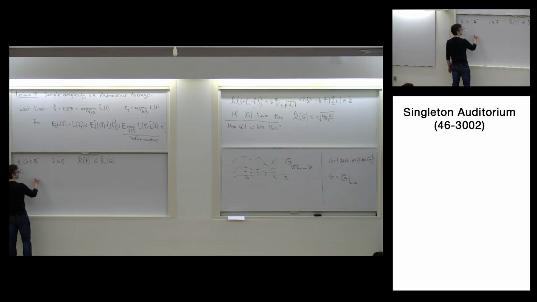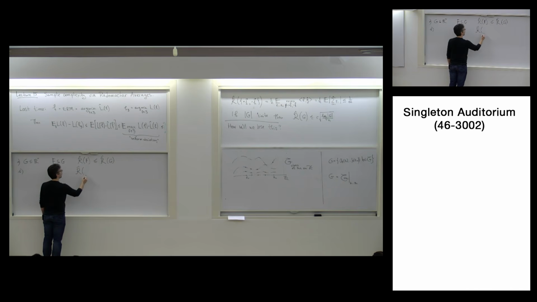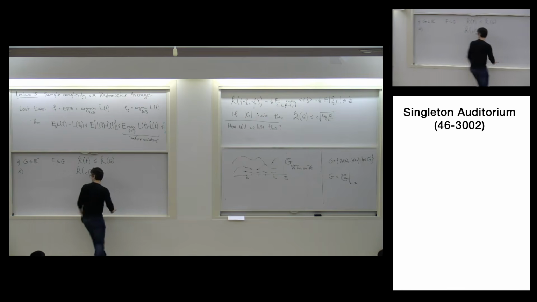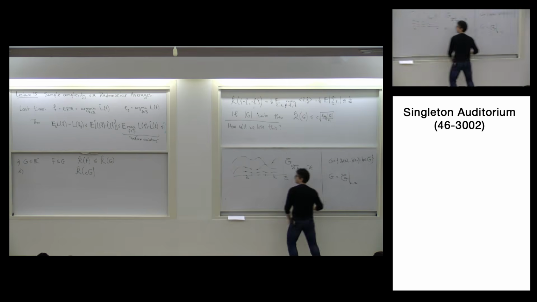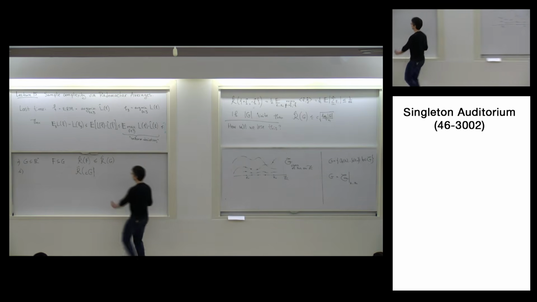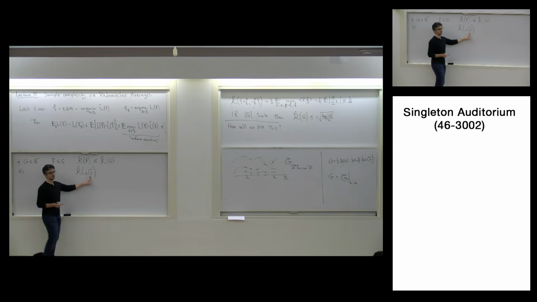If you take Rademacher averages of C times G, sorry, what is C times G? You just multiply every coordinate, every element, by C, right?